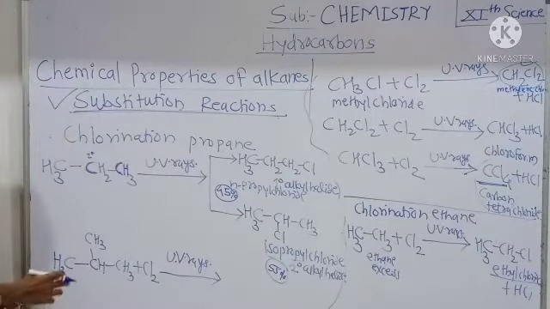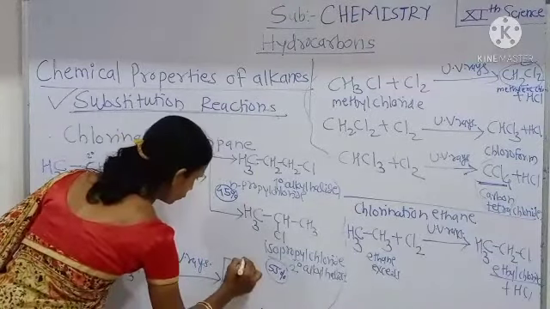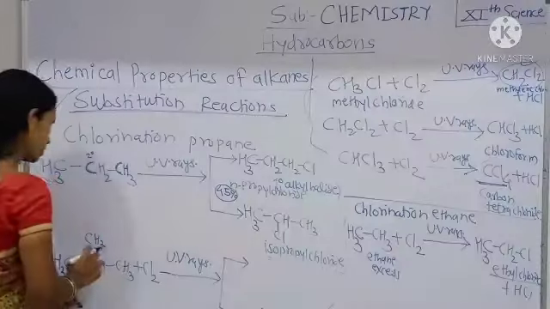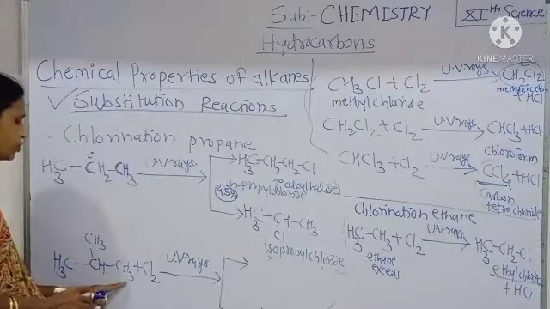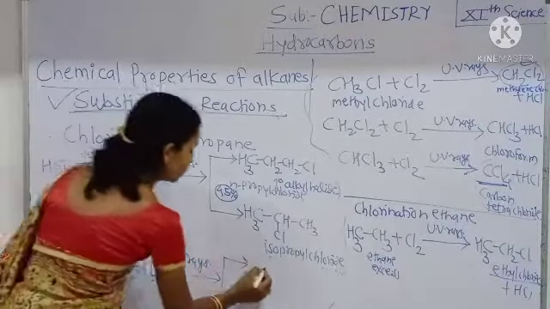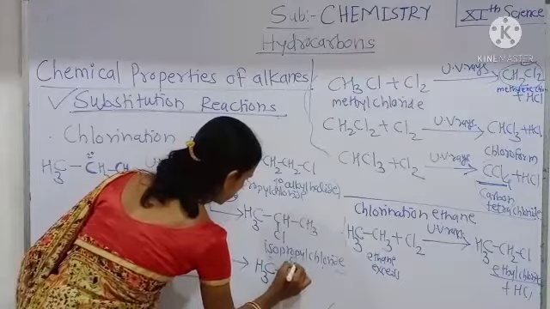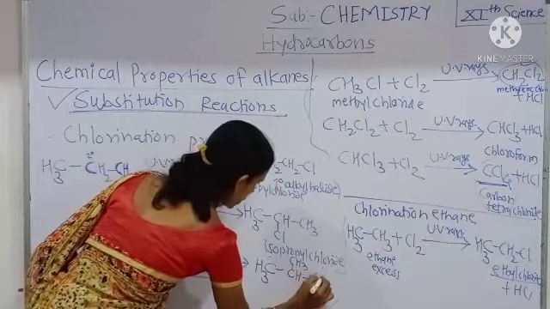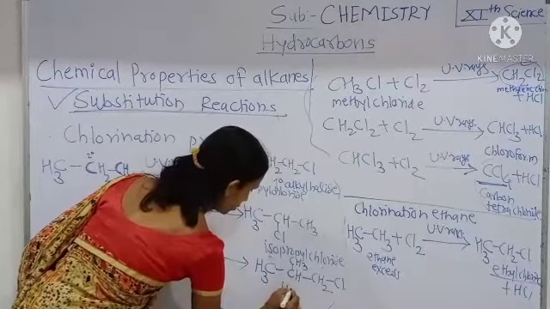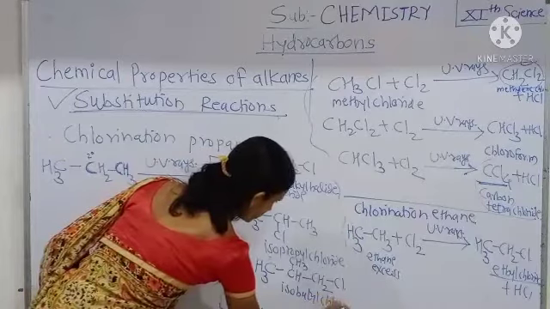Then there is also formation of two different products: substituting one hydrogen of a primary carbon atom gives a primary alkyl halide, that is isobutyl chloride.